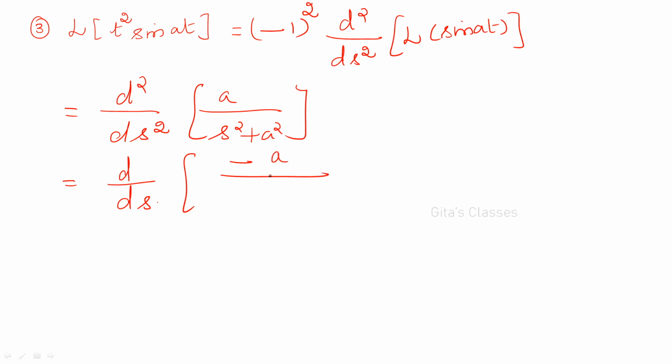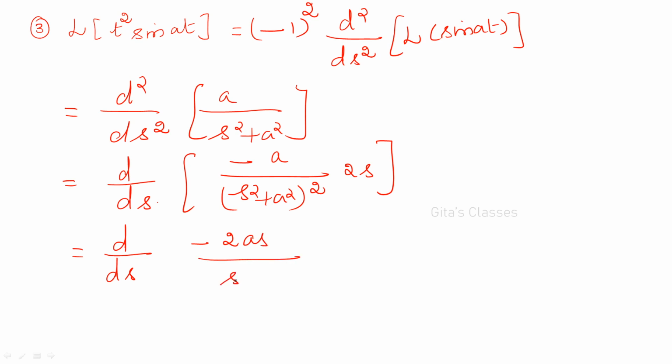So minus a by s squared plus a squared the whole square into, you have s squared here, so you have to multiply again, so 2s. That is d by ds of minus 2as by s squared plus a squared the whole square.